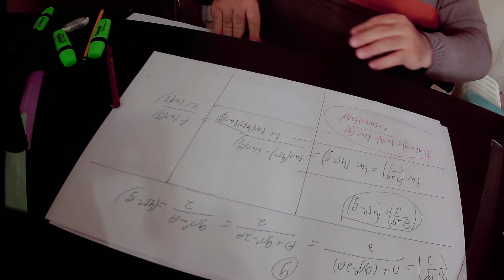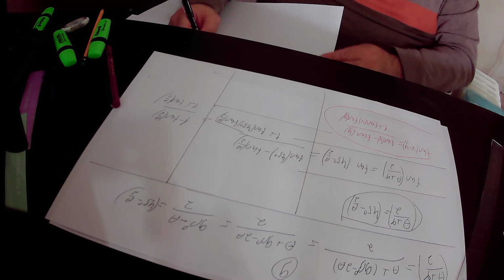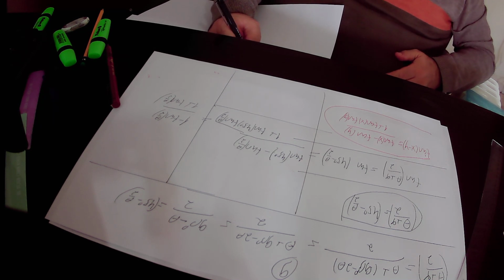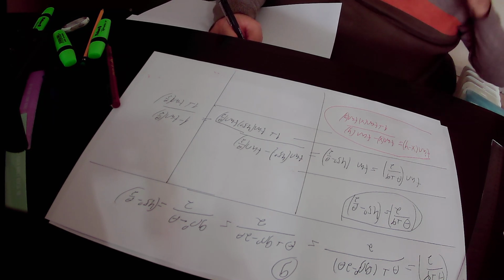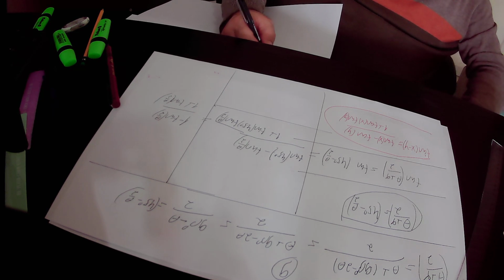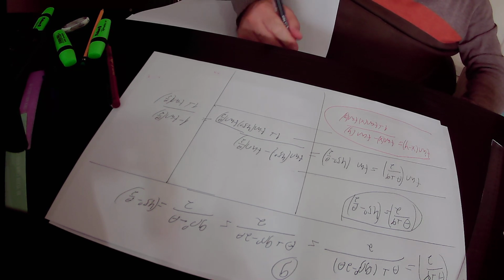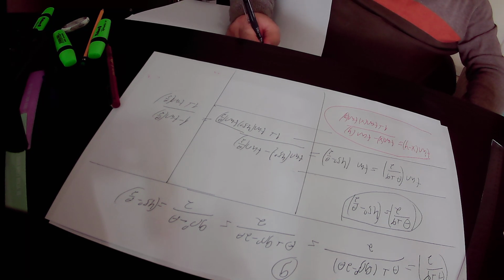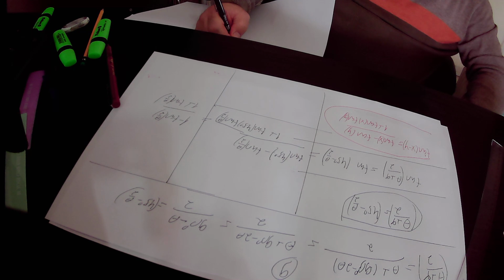So in conclusion, we found out that tangent theta plus alpha over 2 equals 1 minus tangent theta over 2 over 1 plus tangent theta over 2.